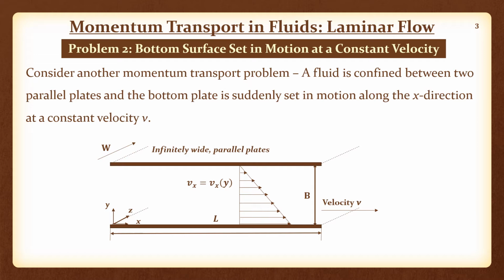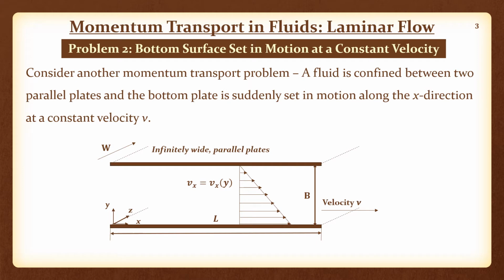By infinitely wide, what I mean is W is much greater than B, which is the distance between the two parallel plates. Now the length of the bottom plate, and the top plate also, is taken to be L, though at any point in time this length L is available for the fluid that is confined between these regions.